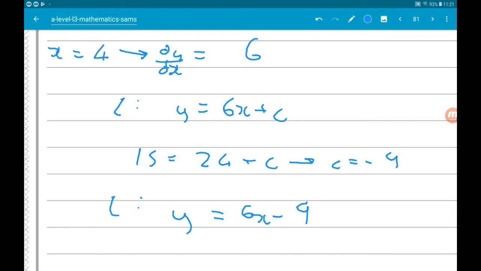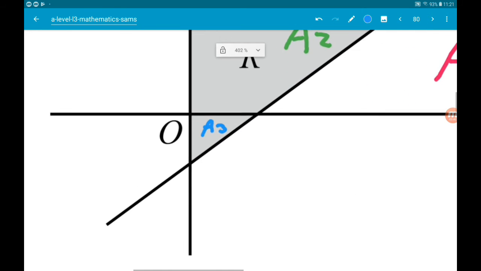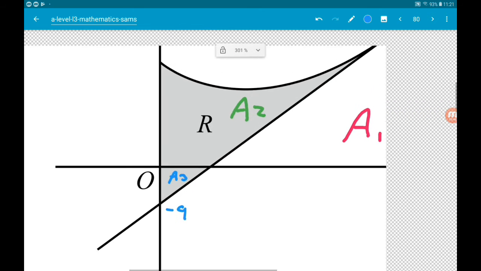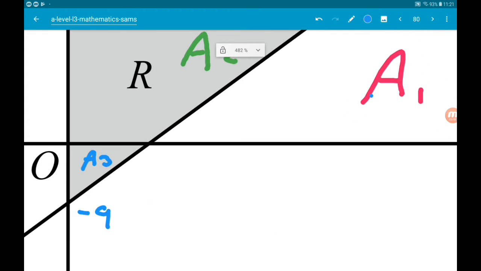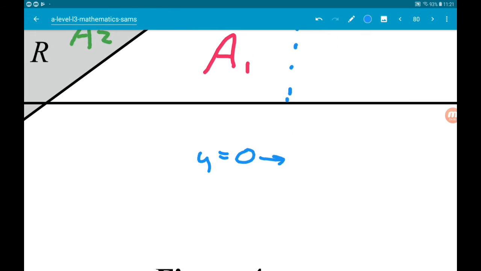So, now that we know that, we now know that the y-intercept down here is minus 9. What we need to find is this x-intercept. So, here, y is equal to 0. So that tells us 6x minus 9 is equal to 0.